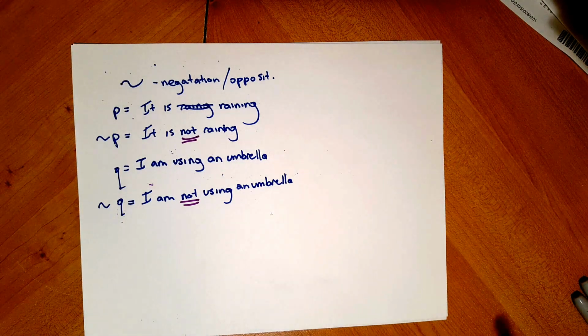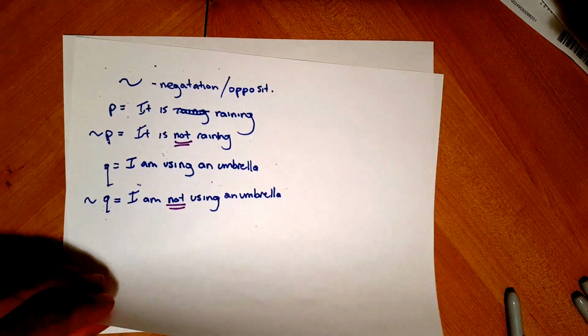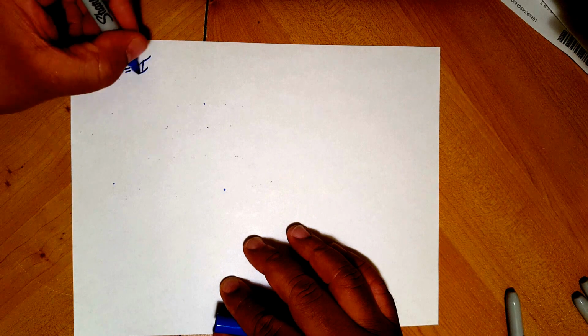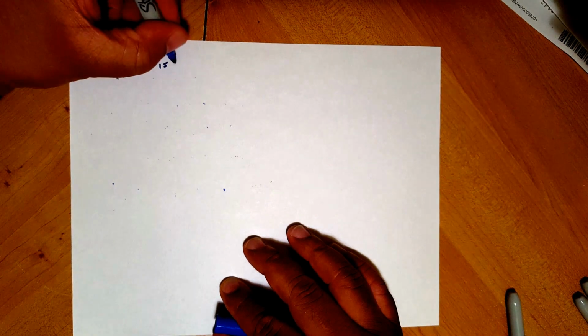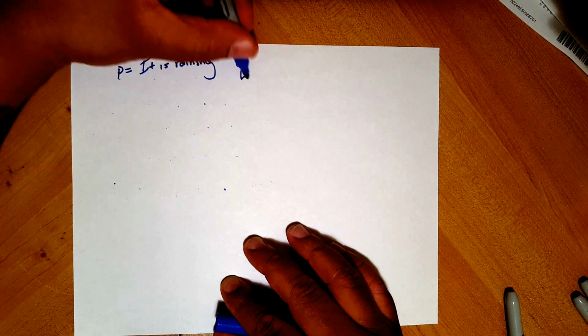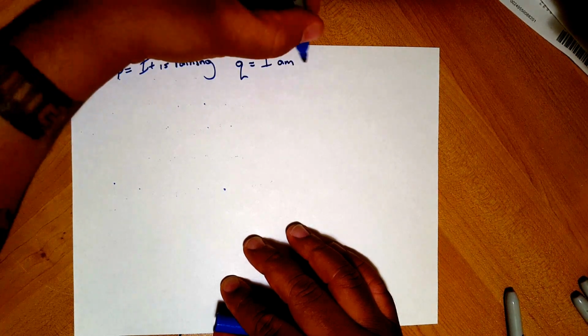So let's talk a little bit more about combining these statements. So again, let's say I have my two statements, P, which is going to be, it is raining, and Q, I am using an umbrella.